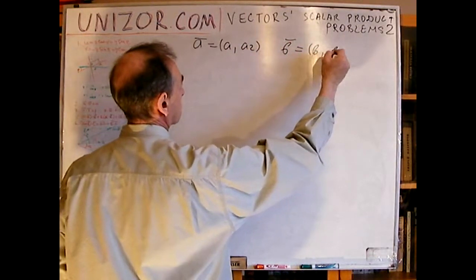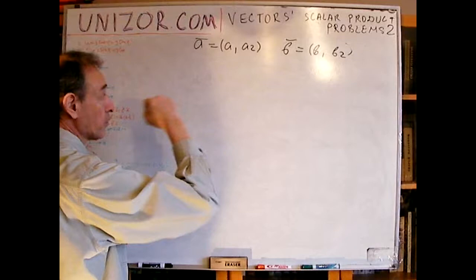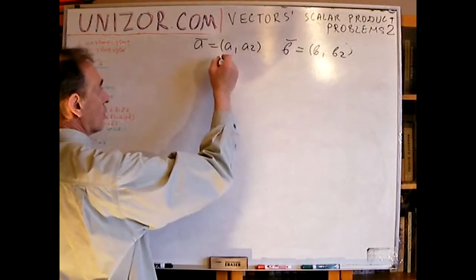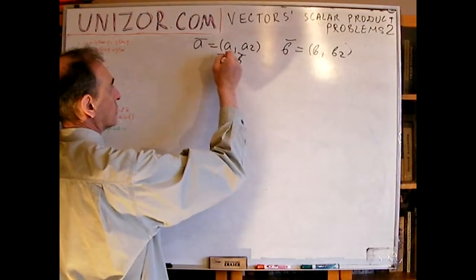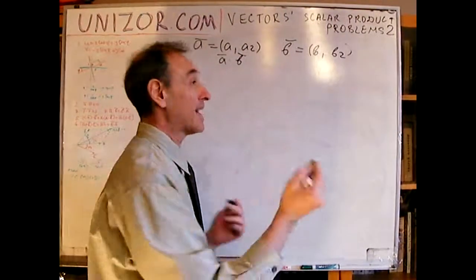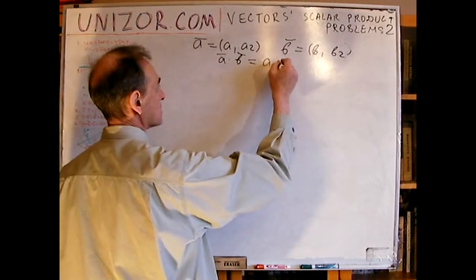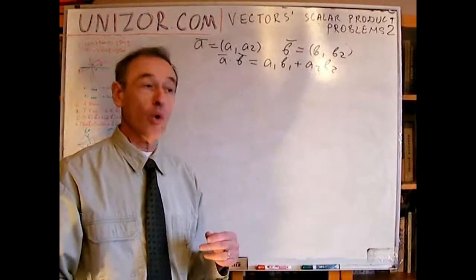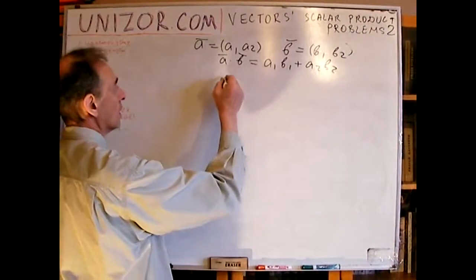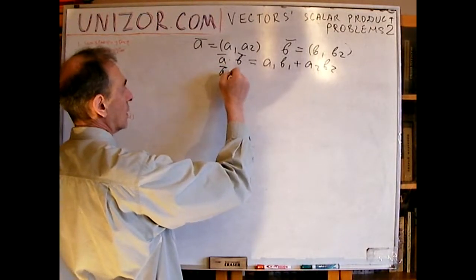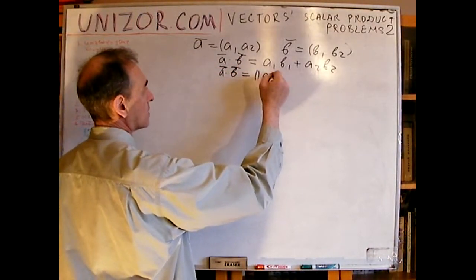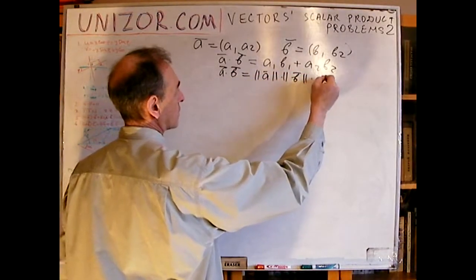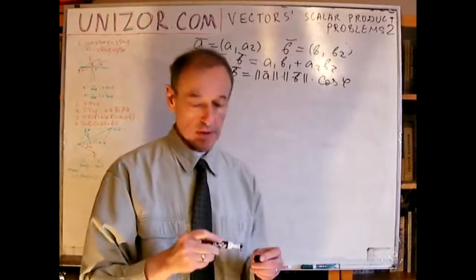So if you have two vectors with coordinates (a1, a2) and (b1, b2), then in the coordinate form, their scalar product, according to these rules, must be expressed as the formula like this, or geometrically speaking, it's expressed as the length of one vector times the length of another vector times cosine of an angle between them.